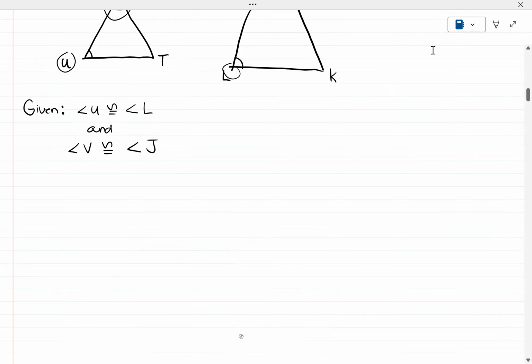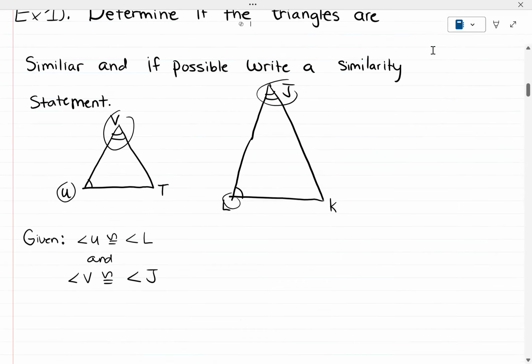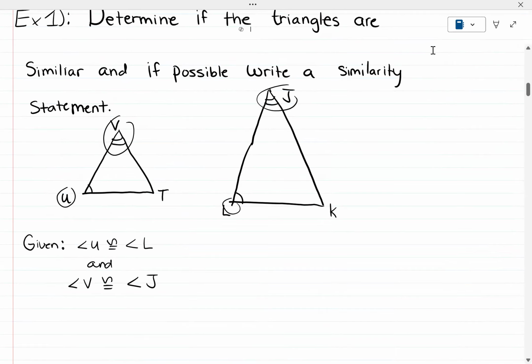Is that all we have to do? Oh no, we've got to make a statement. So I guess you could say yes. Triangle UVT is similar to triangle LJK.